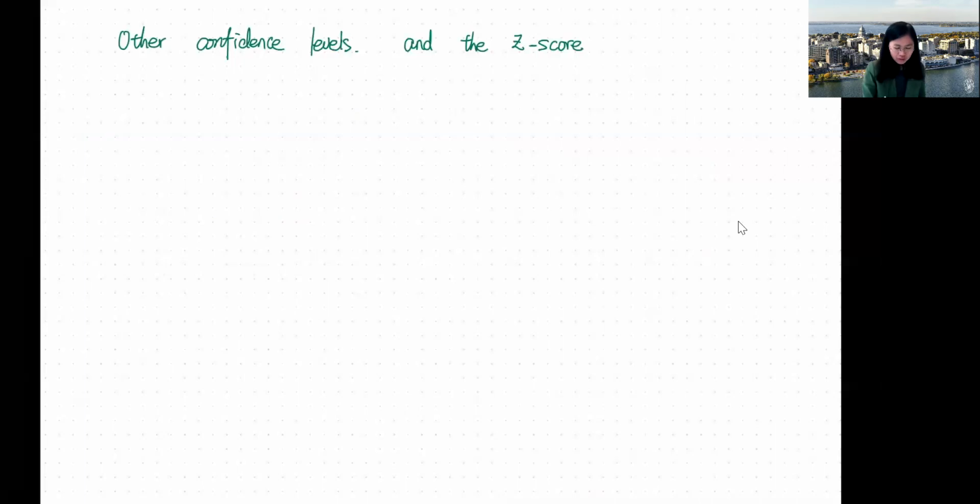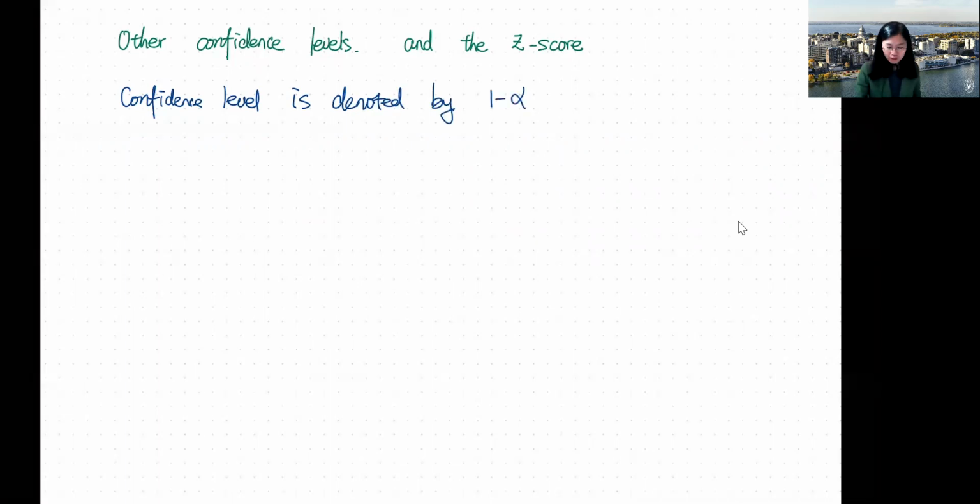In general, the confidence level is denoted by 1 minus alpha, where alpha is a probability. So it's between 0 and 1.